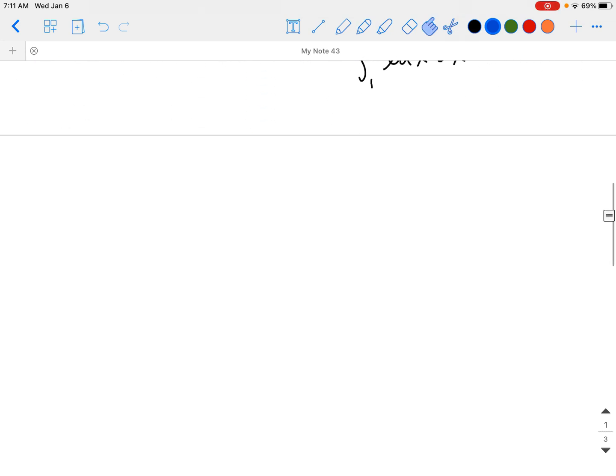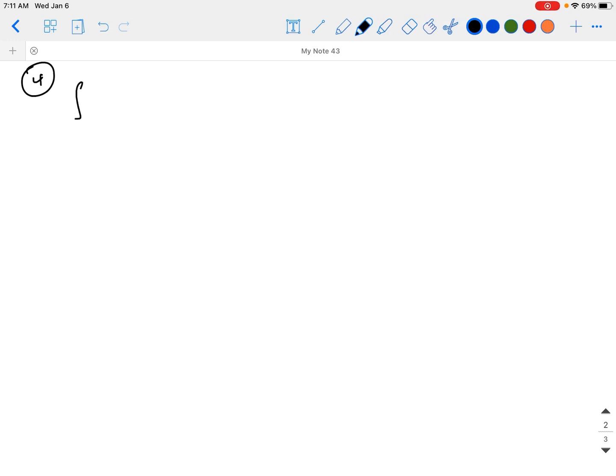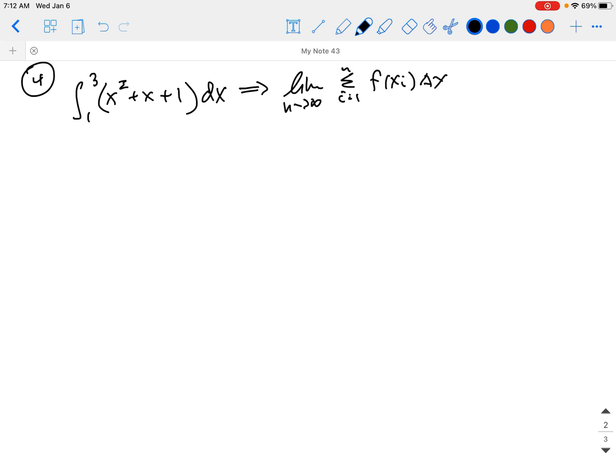All right, so now let's work in reverse. For our fourth example, let's take the integral from 1 to 3 of x squared plus x plus 1 dx. And now let's make it into the limit of a Riemann sum. We'll work backwards.